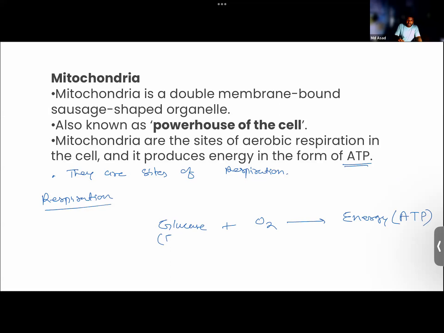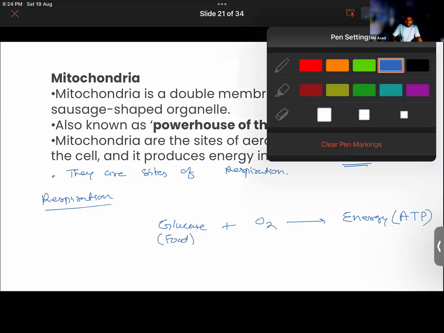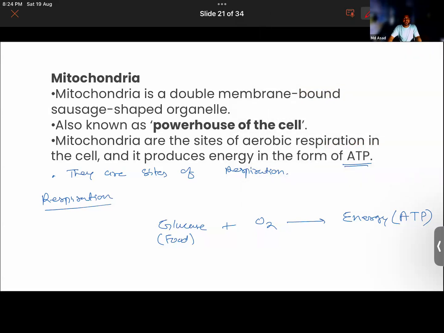This glucose here is basically food, and a certain amount of energy is given out. Ahmed and Arhan, getting it, guys? So we can also say that these are sites of respiration, and we can also say that it is the site of synthesis of ATP. Synthesis basically means production of ATP.